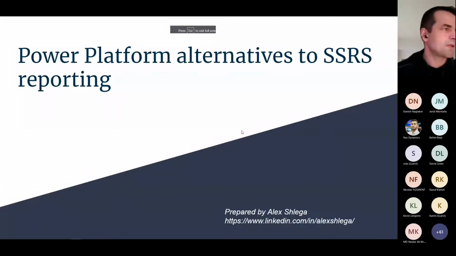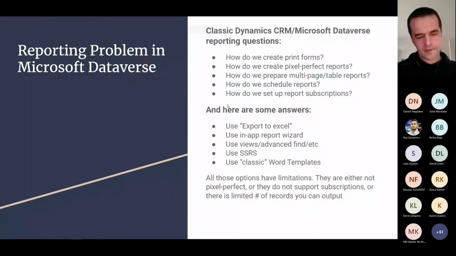Okay, so this is a starter. I think, really, I've been working on a few projects in the last years, right? And every time, and even before, there is a question of how do we do reporting, how do we do print documents, how do we prepare printed forms. Before we used to have SSRS, and we still have it.